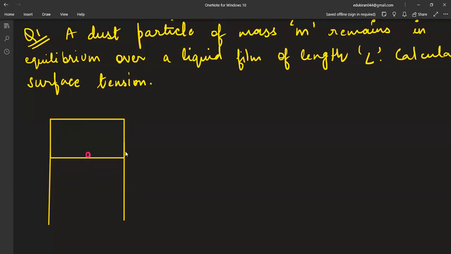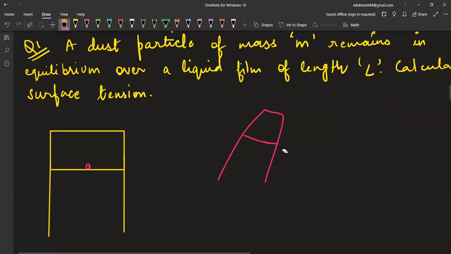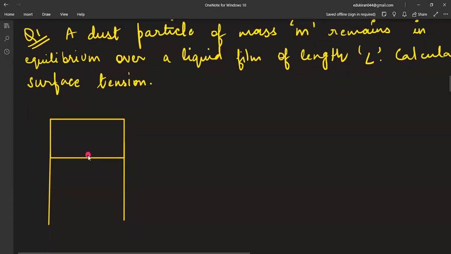Have you seen those bubble games, where you dip the frame in solution? They are of various shapes, an edge is made, and when you dip it in the solution, it has a very thin film of soap. When you blow in air, bubbles are formed like this. Similarly, this is what I've drawn. Here there is a slight film. Are you understanding what I am referring to? Clear or not?